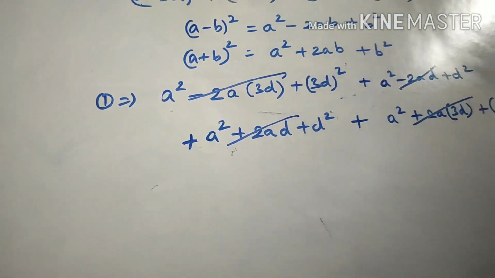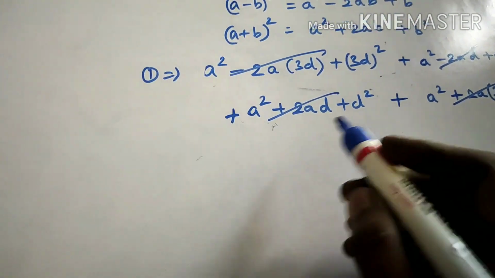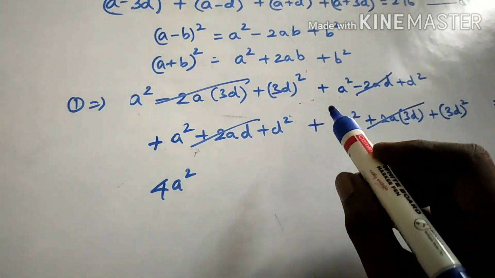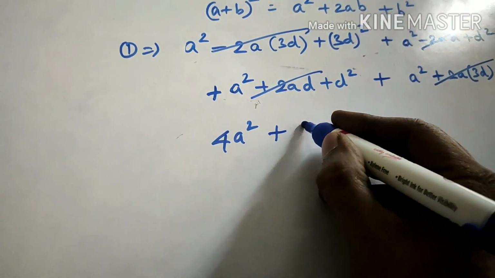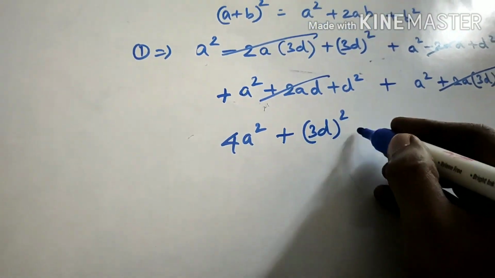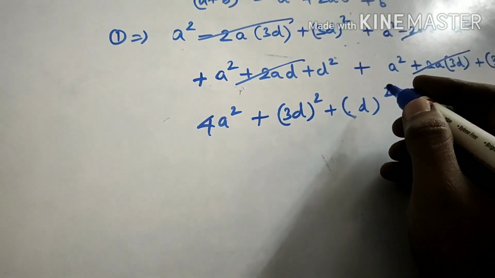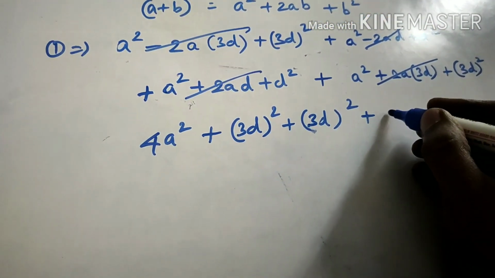Okay. Now the remaining you have to add: a square plus a square plus a square plus a square, 4a square. Okay, and see here, 3d whole square plus 3d whole square. You better write 3d whole square plus 3d whole square. After that we can do plus d square plus d square.